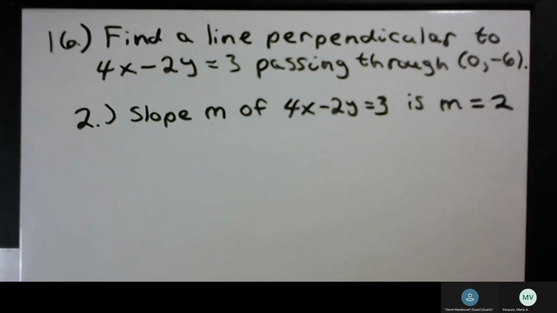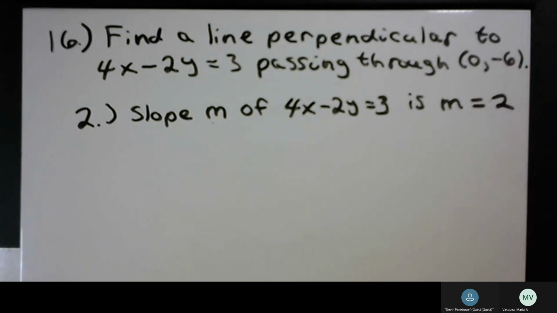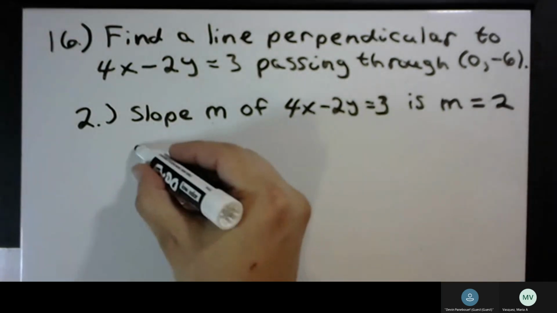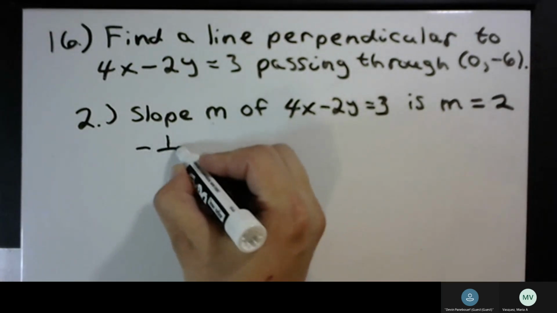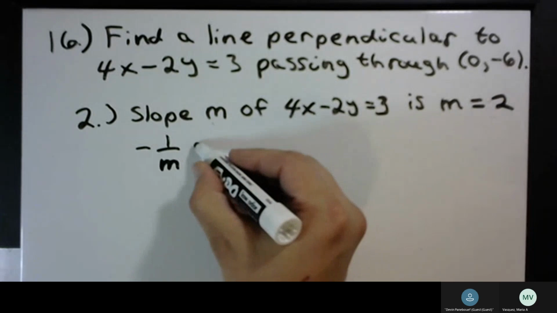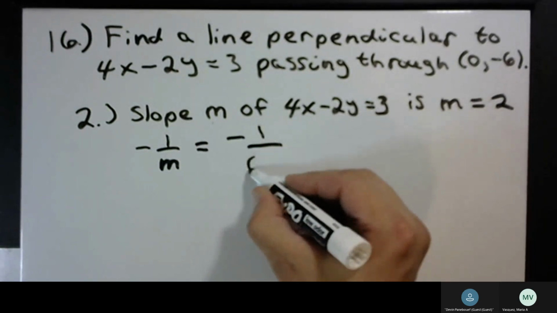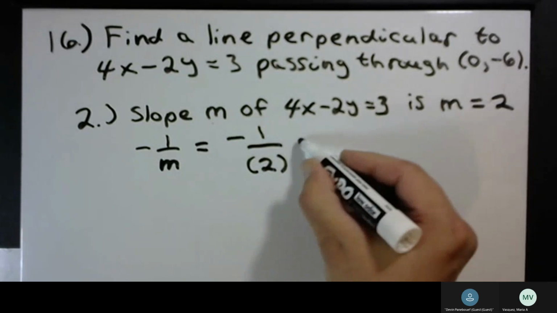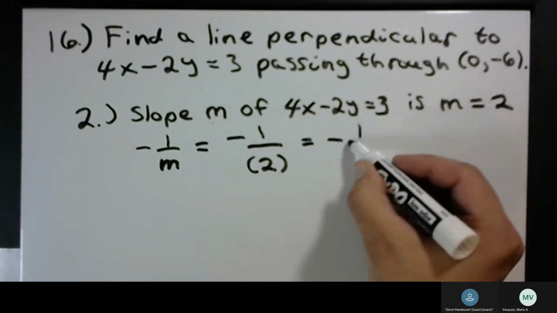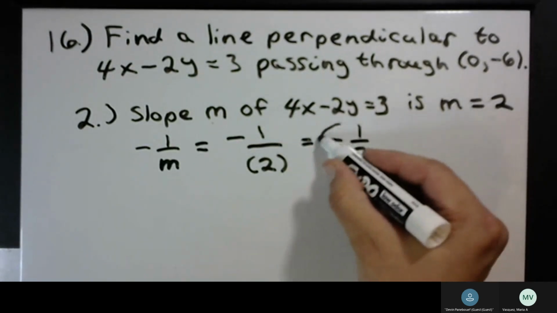So that's the slope of this line. We found that in step 1. Now for step 2, let's find the perpendicular slope. That's minus 1 over m. Or in this case, minus 1 over 2, or minus 1/2.